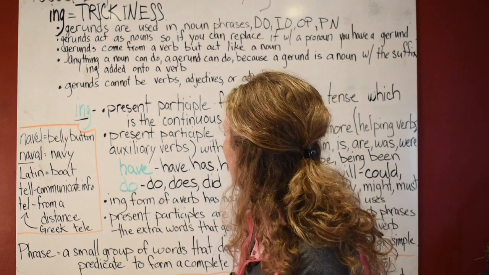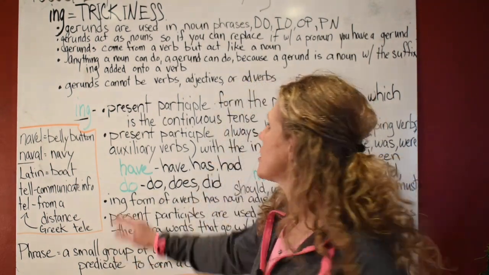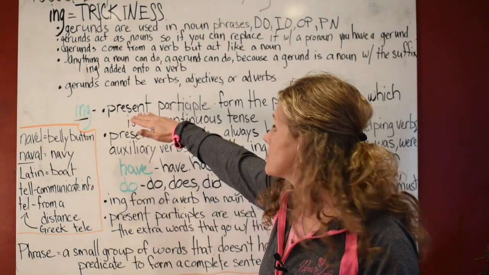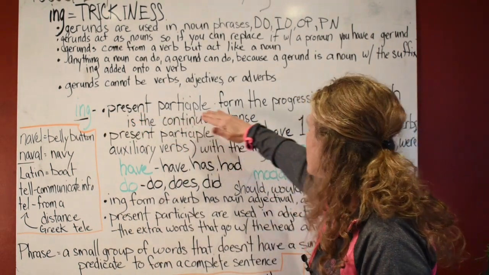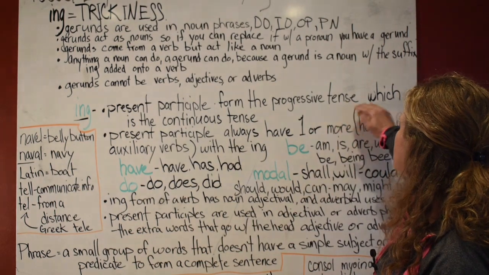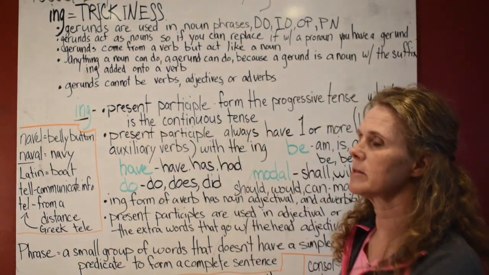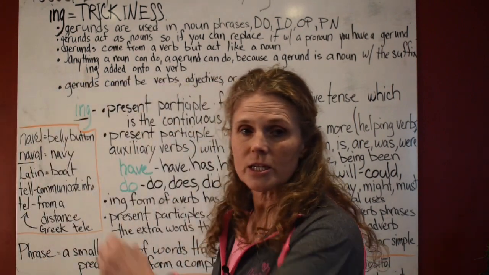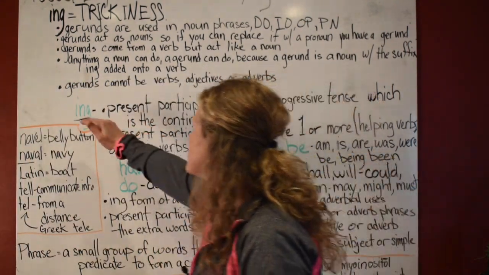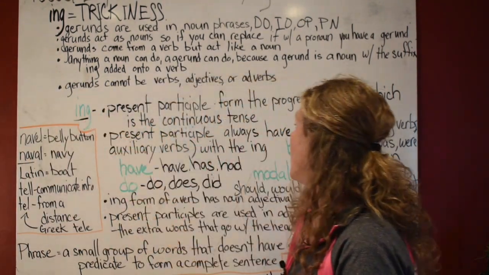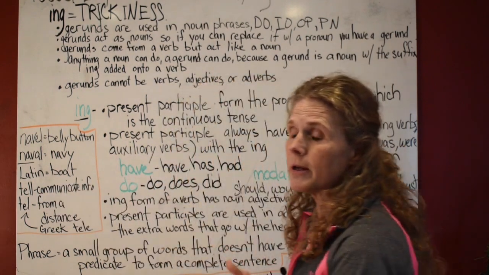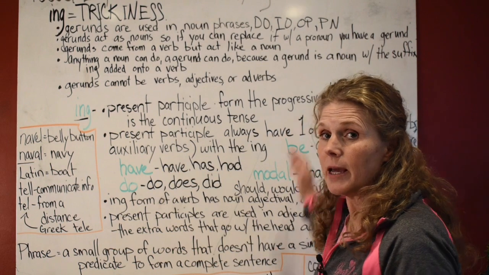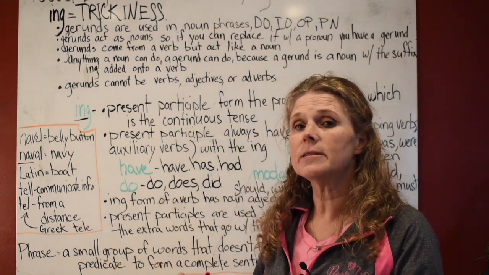Nice. Thank you. Okay, now we're going to look at ing as a present participle. Present participles form the progressive tense, which is the continuous tense. It moves on, forward. It's continuing on. If you're using an ing suffix and it's moving forward, then you know you have the progressive tense.